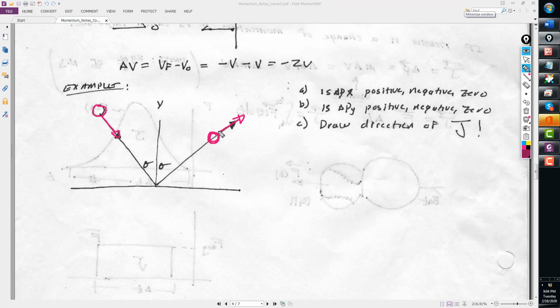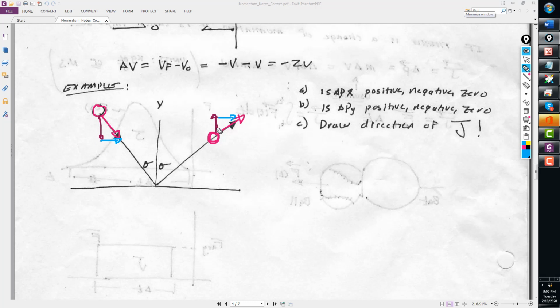Let's do this for the y. Here's the y, and here's the x. And these should be symmetrical. I know it's not completely drawn symmetrical, but let's just pretend like they are. So in essence, what happens here is that the ball comes down and hits the ground. Now notice this x did not change.